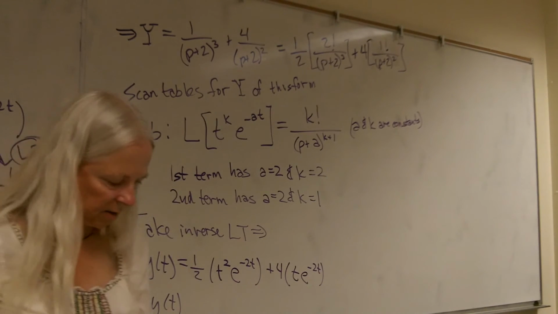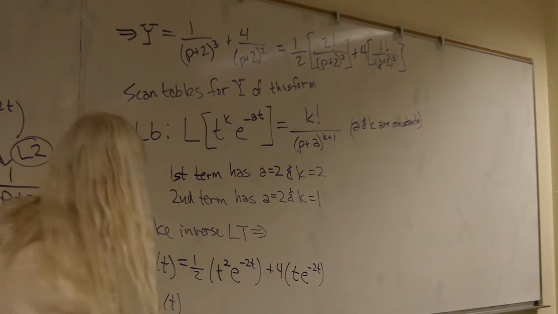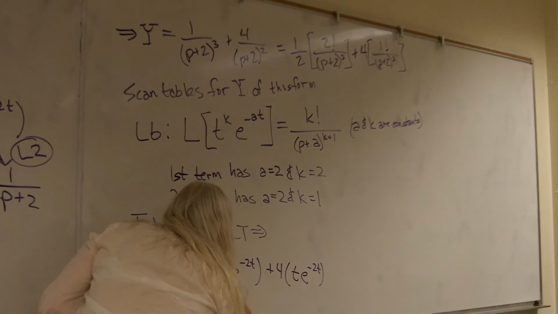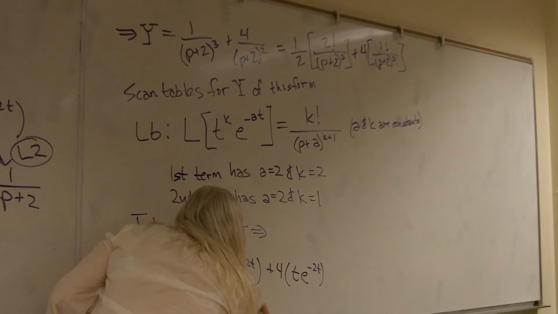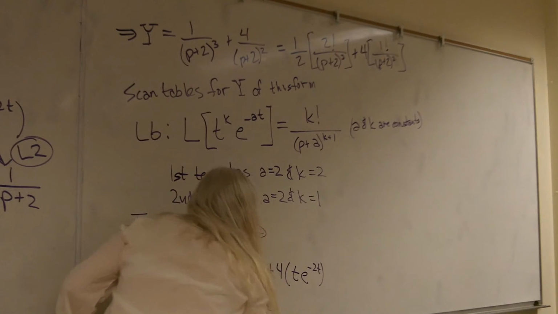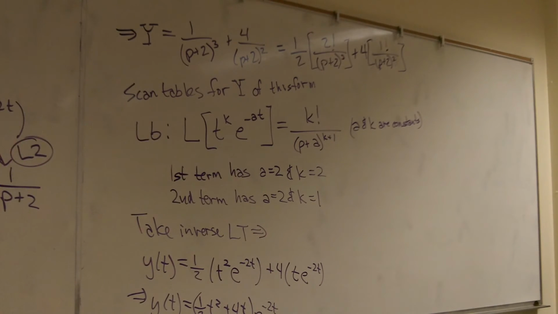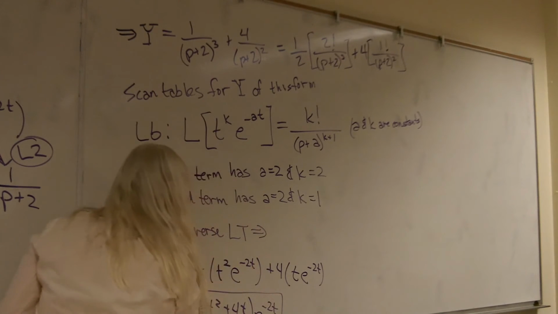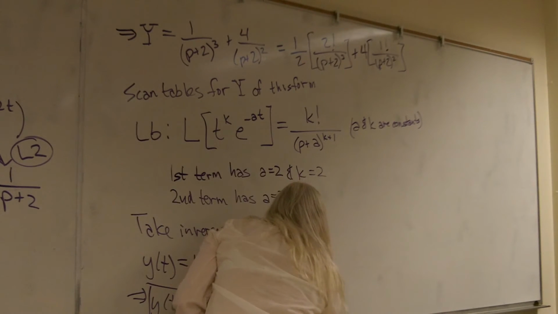So our y as a function of t is 1/2 t squared plus 4t quantity times e to the minus 2t, if I pull out the exponential from both terms. So this is our particular solution.